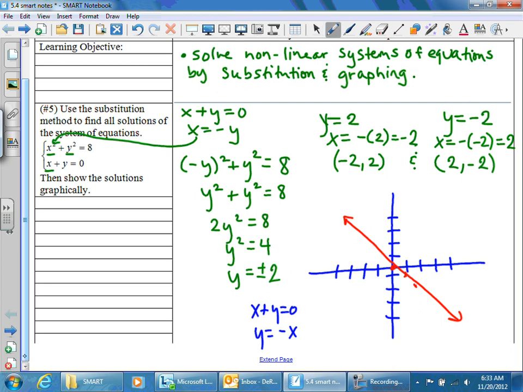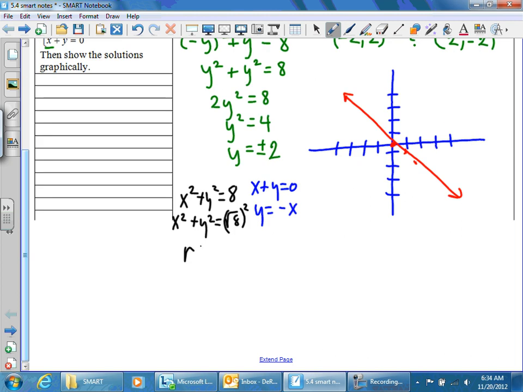So this other one, the x squared plus y squared equals 8, this is set up for the circle formula. Remember, it's x squared plus y squared equals r squared. So here my r, or the radius, is radical 8, which is 2 radical 2, which is approximately 2.8.